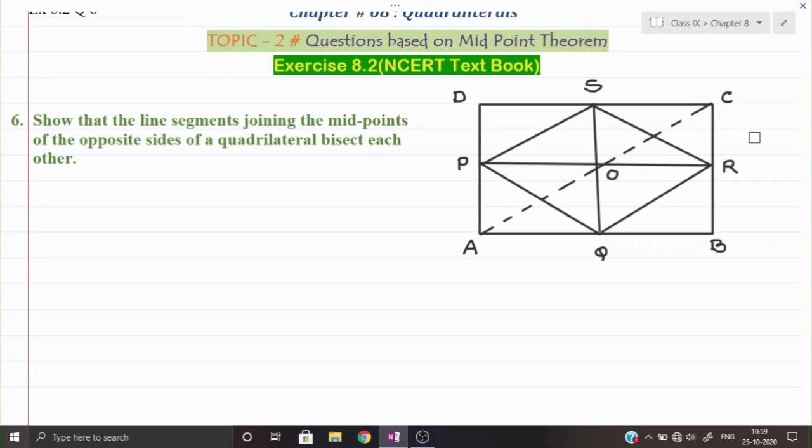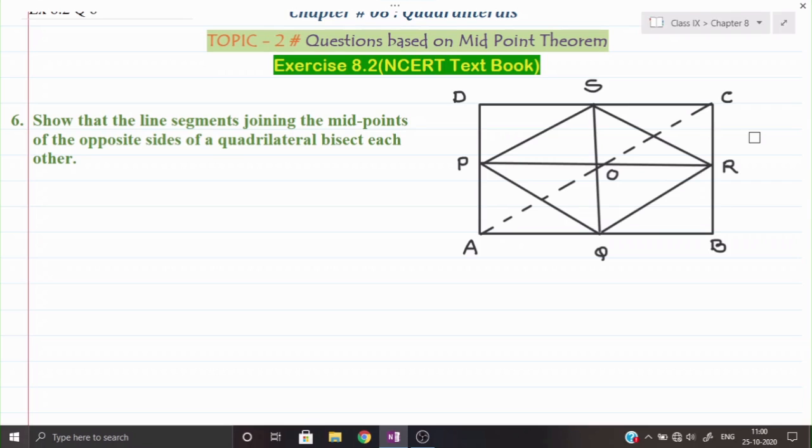Now if PQRS is a parallelogram, what exactly do we need to prove? We need to prove something about the diagonals of PQRS. I use the word diagonal, but actually they are saying the line joining the midpoints of opposite sides.